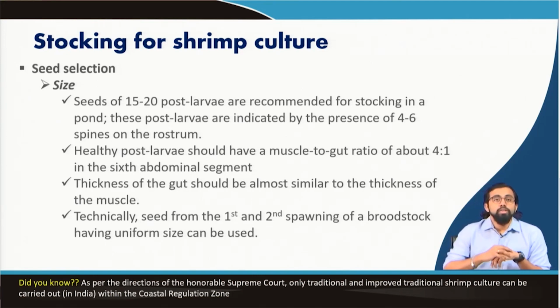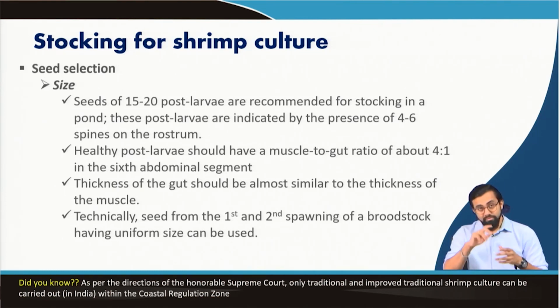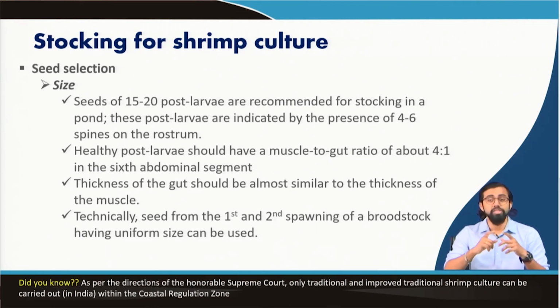Okay. So, when we discuss the stocking of shrimp culture, especially the seed selection, in general seeds of around 15 to 20 post larvae are recommended for stocking in a pond, though it is based upon the type of culture, definitely, right. Remember we discussed in the last lecture what type of culturing system we are using: extensive, semi-intensive or intensive.